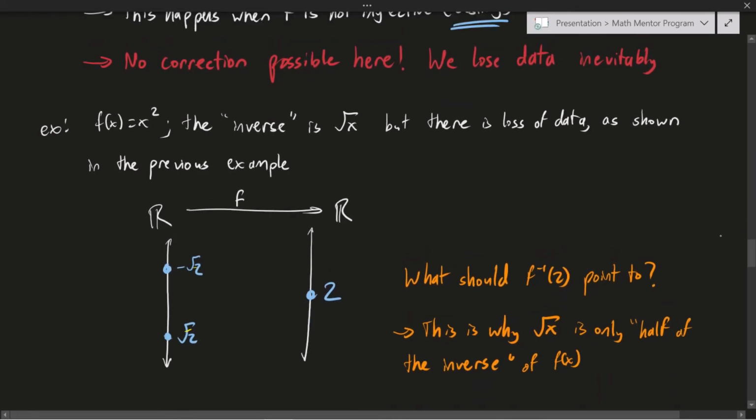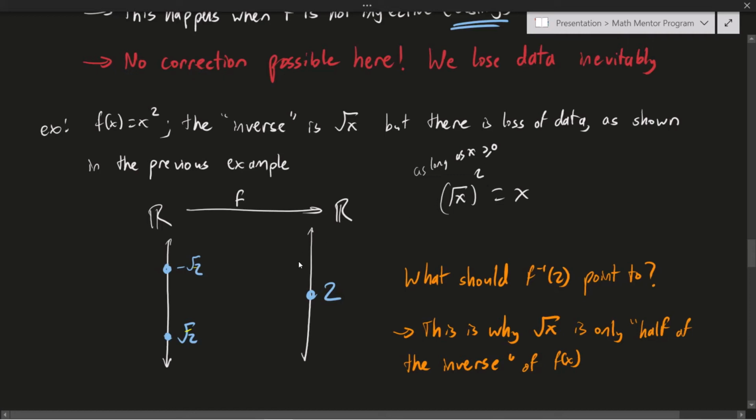The familiar example is, again, x squared, where the inverse, I put in quotation marks, is the square root of x. It's an inverse because the positive square root of a number squared is once again x, as long as x is non-negative.